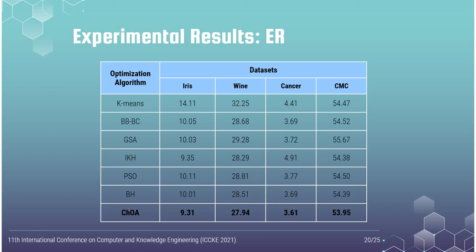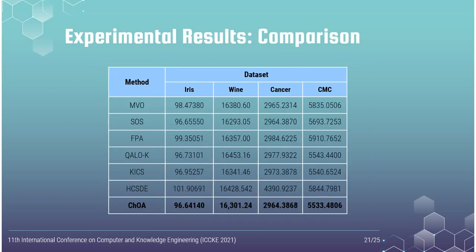Finally, in order to prove the strength of our proposed method, we compared it against six recent clustering algorithms and a hybrid algorithm. The hybrid algorithm is very strong, and if we can achieve better performance than it, it means our proposed method has valuable performance.